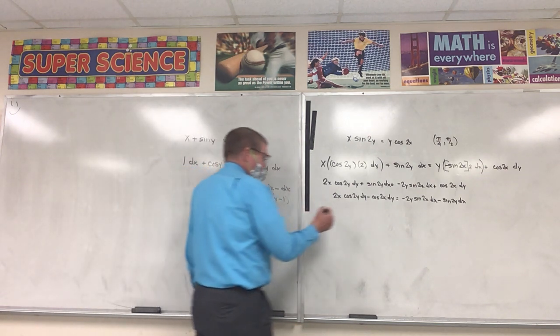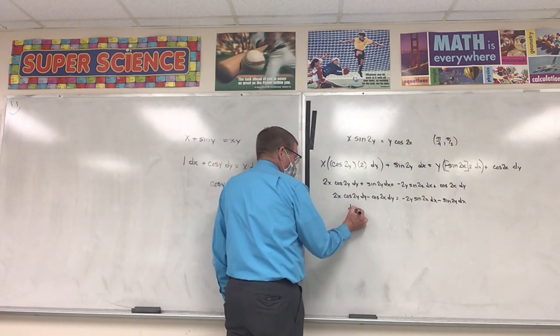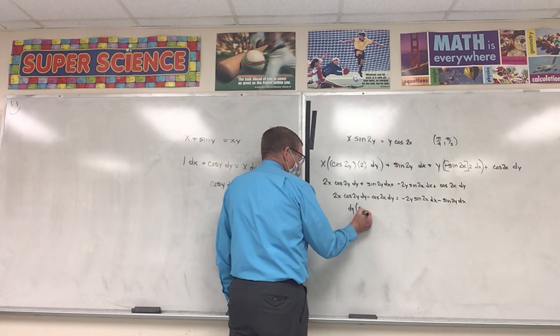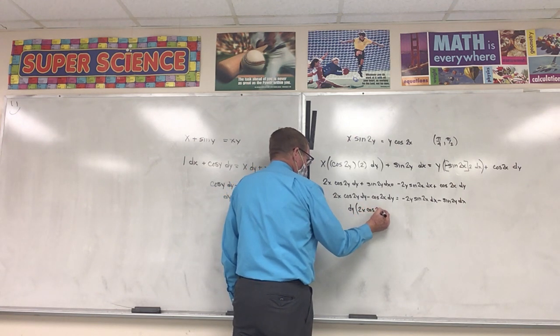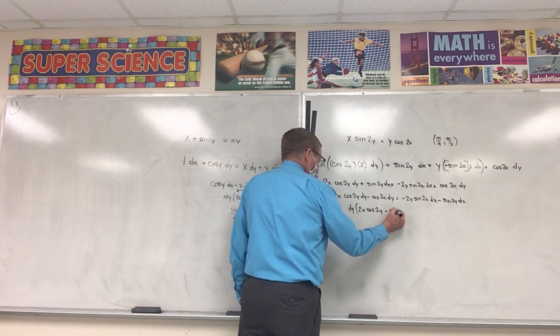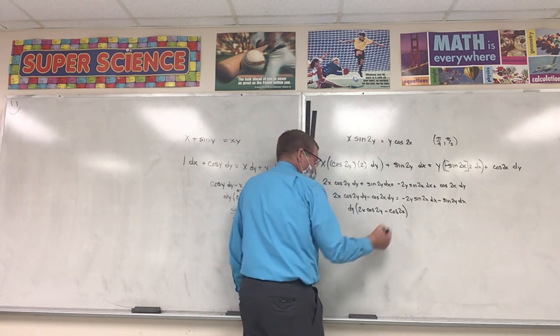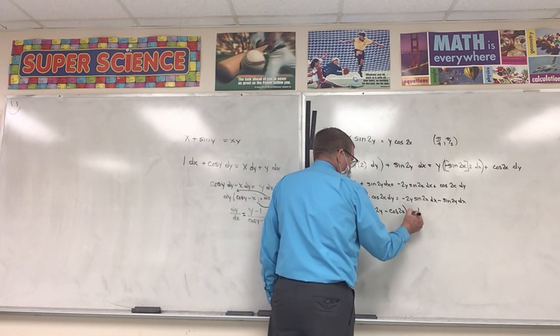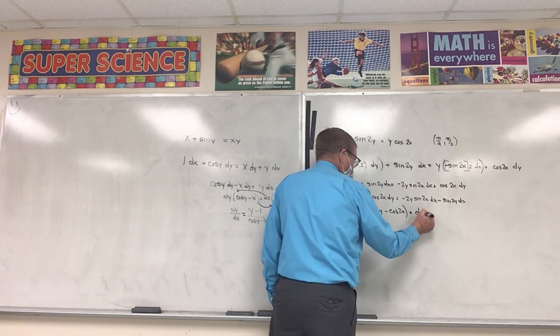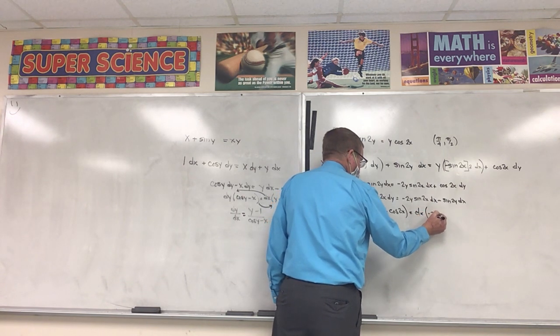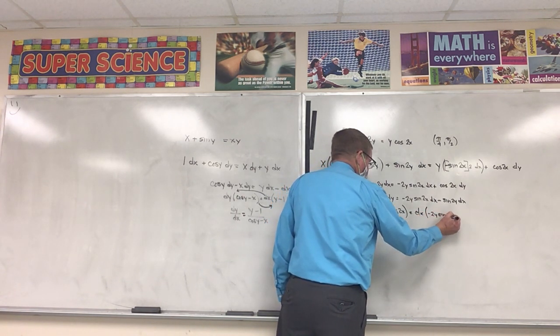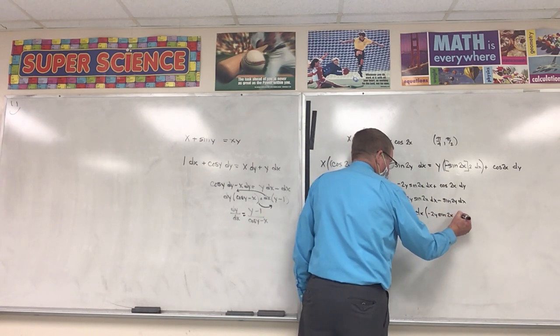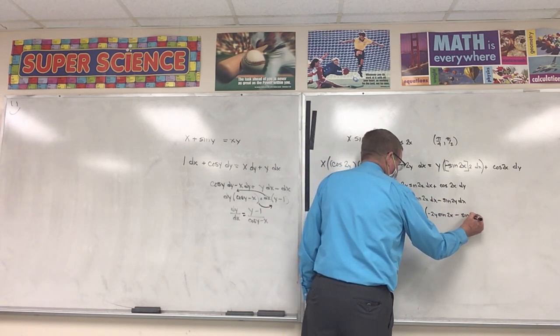Factor out my dy's and dx's. dy times 2x cosine 2y minus cosine 2x would be dx times negative 2y sine 2x minus sine 2y.